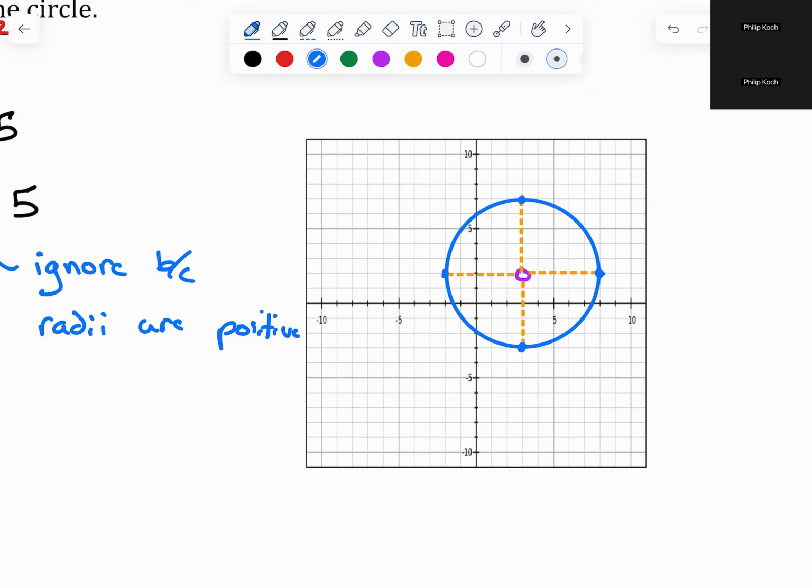But on ALEKS, once again, what will happen is, imagine you've got your little mouse cursor.